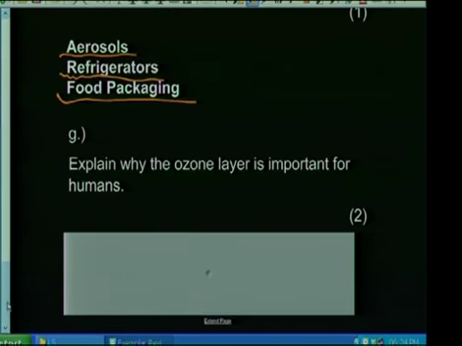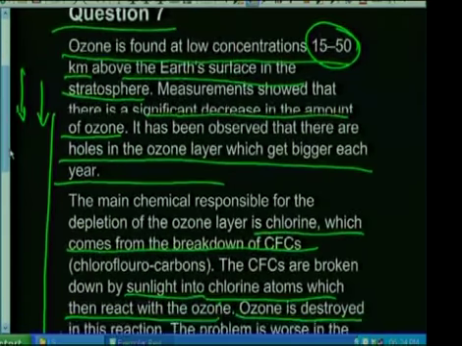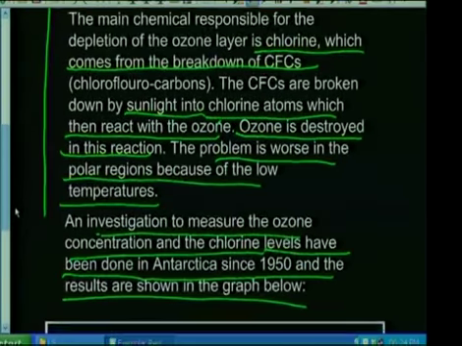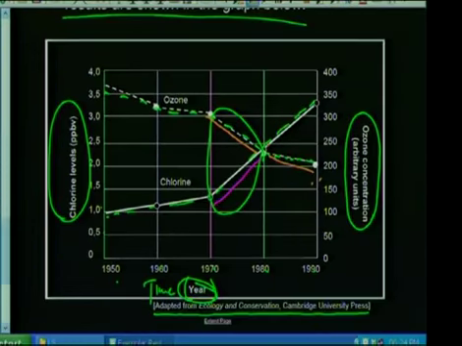Explain why the ozone layer is important for humans. Now, this is a theory question. Let's just go back to the article, however. I just want to see, nowhere in the article do they tell you why ozone is important. Otherwise, you must talk from the article. But in this particular question, this is now a recall question from your knowledge. Why is it there?